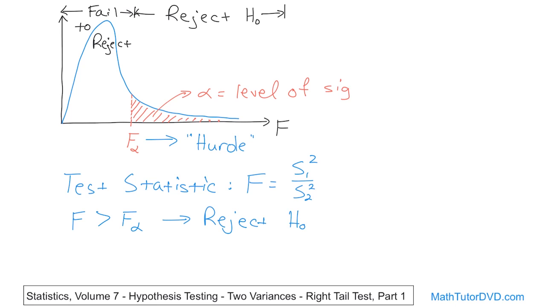Basically, it's what I wrote up here. And if you get a value of F that's less than F sub alpha, or less than or equal, you're going to fail to reject the null hypothesis. All right? So keep this picture in your mind. Let's go on to the next slide, and then we're going to actually do a problem to put it all together.